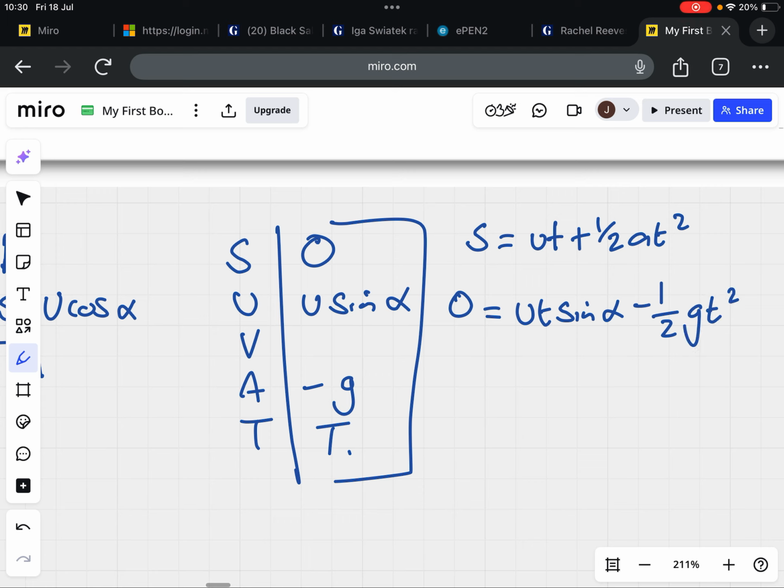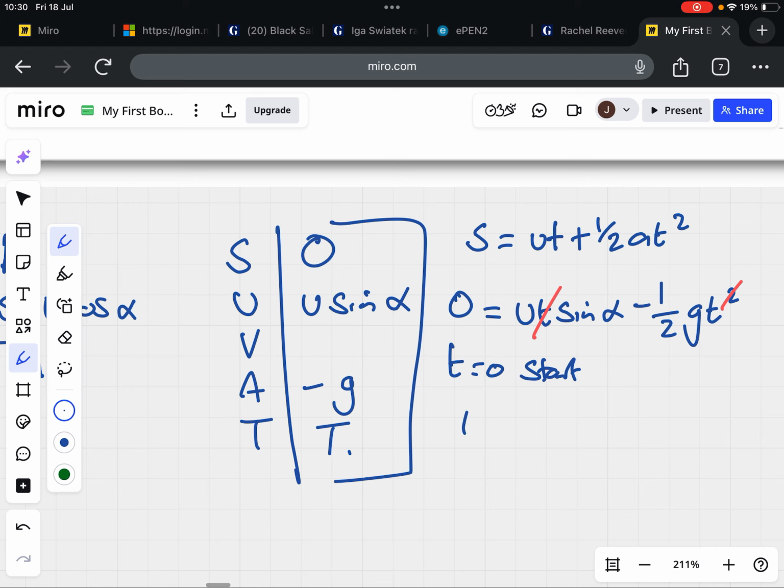Now, I know that t equals 0 is the start, yeah? So I could factorize the t out, is one way you can think of it if you like, or I can just divide everything by t, because I know that I'm not interested in that value. Right, what do I do from here? Well, I suppose I just rearrange, don't I?